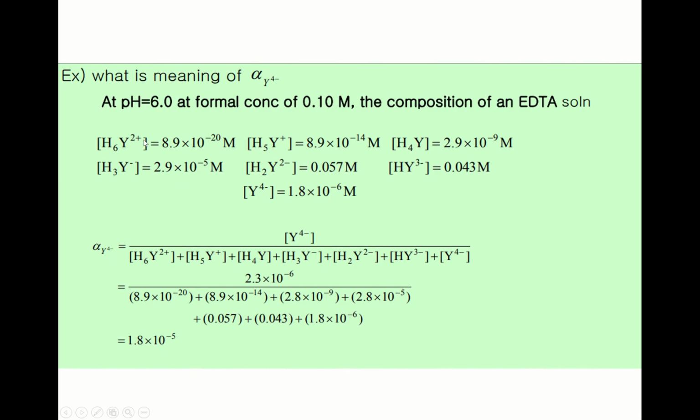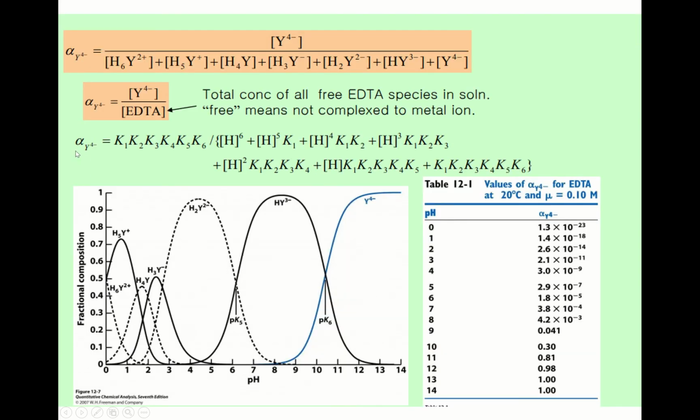Here's an example. What is the meaning of alpha Y4 minus? At pH 6, at a formal concentration of 0.1 molar, we can calculate the composition of the EDTA solution, each fraction for each species. For alpha Y4 minus you can use this equation, and for alpha H6Y2 plus, the denominator is the same but the numerator is different.